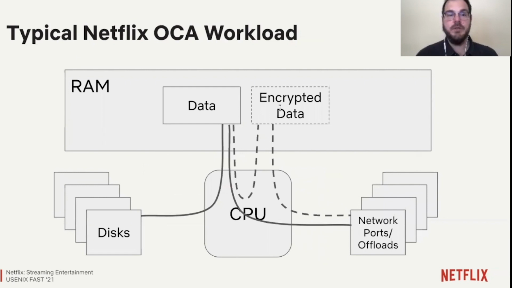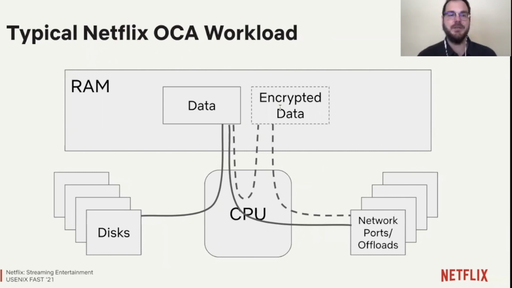So in summary, I'm going to come back to this slide, which shows the typical Netflix OCA workload. You'll see that I've modified it to show the possibility of inline TLS offload to the NIC. But other than that, it's fundamentally the same slide I showed earlier, which gives our workload. And again, the workload is fairly simple.